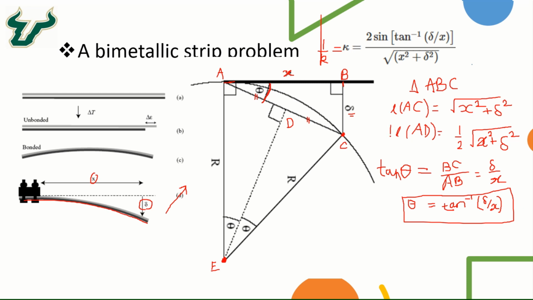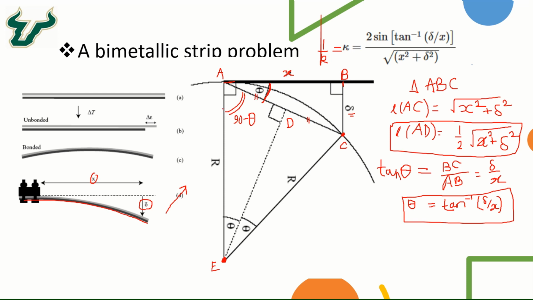So we have two things here. Now length AD is equal to half of the square root of x squared plus delta squared, and theta can be given as tan inverse of delta over x from this triangle ABC. Now if we see here, this angle BAC is equal to theta, which means this angle EAC is going to be equal to 90 minus theta. Okay, because the angle EAB is equal to 90, and if this is theta, then this has to be 90 minus theta.